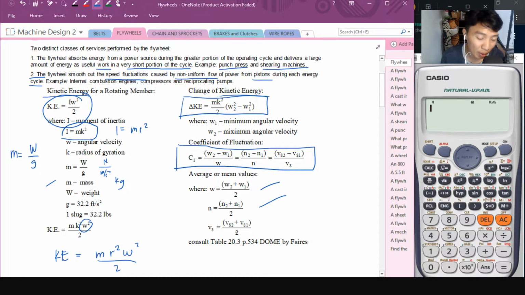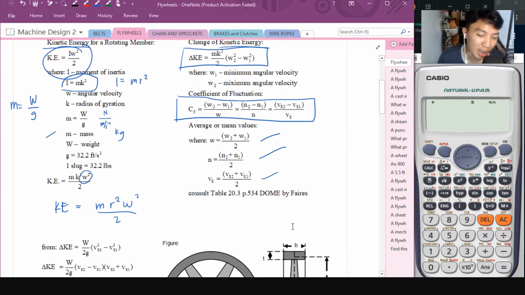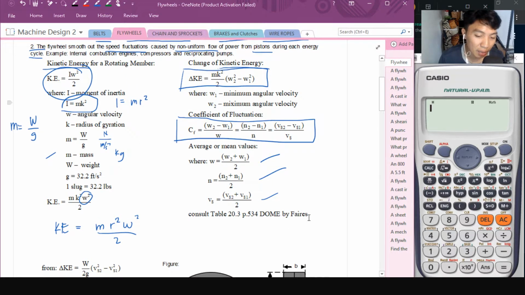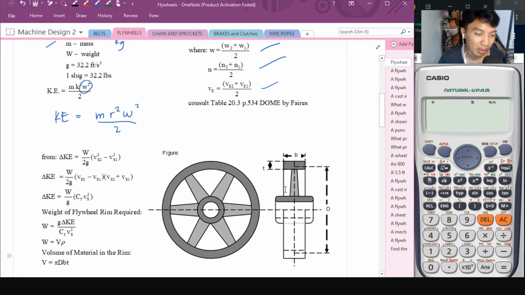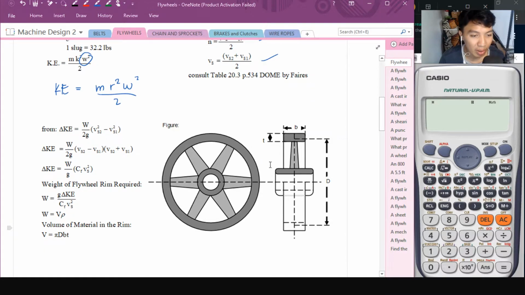You should consult the table 20.3 at page 534 of the Design of Machine Elements by Faires. That is where it was taken. That is your flywheel. So, this is the formula, but I will give you a better formula.